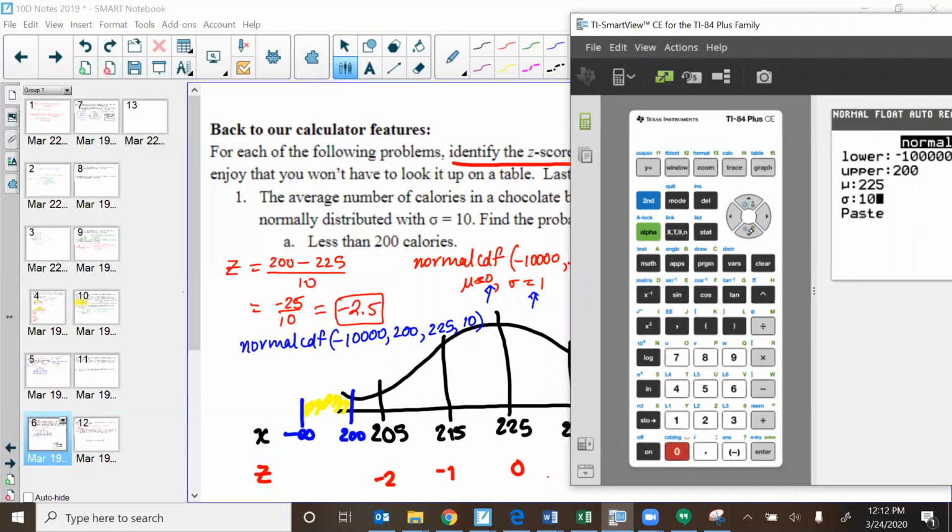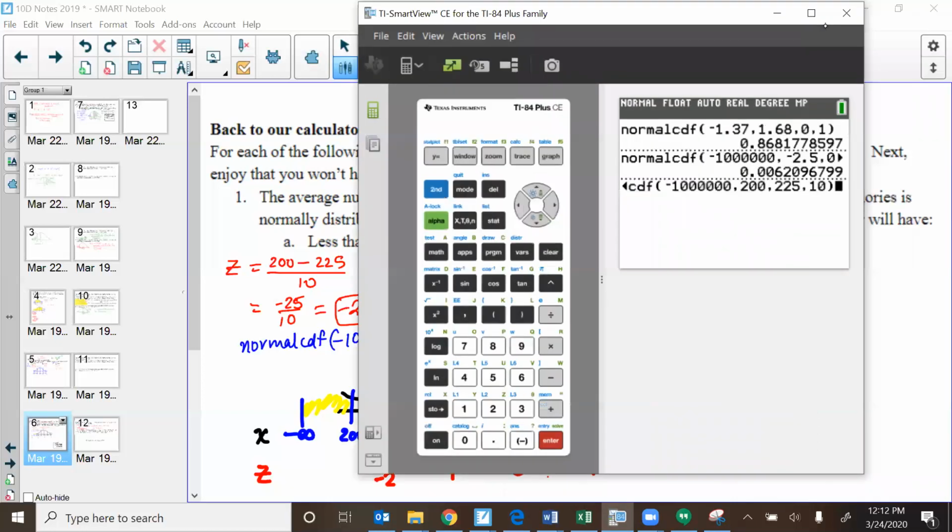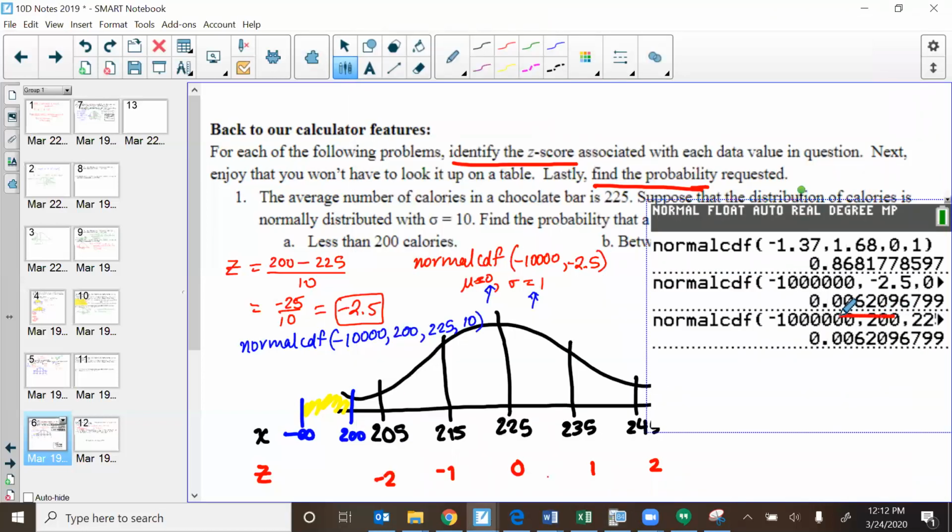And when I paste that, for people with an older calculator like mine, this is just what you have to automatically put in. You have to remember what to put in your calculator, unfortunately. But you'll notice that it gives me the same number either way.